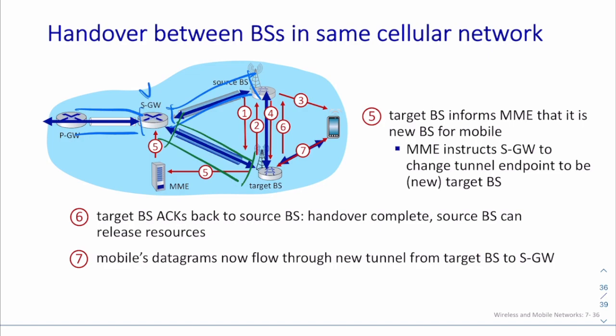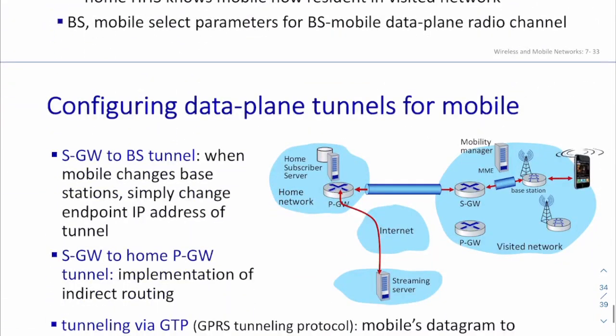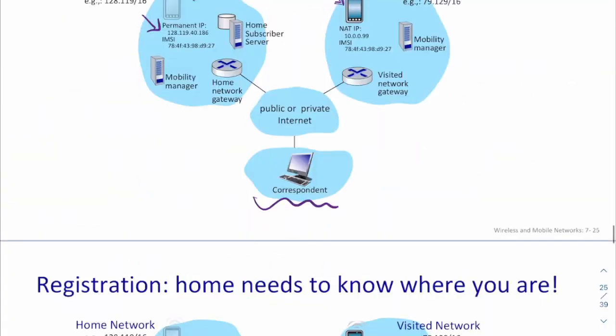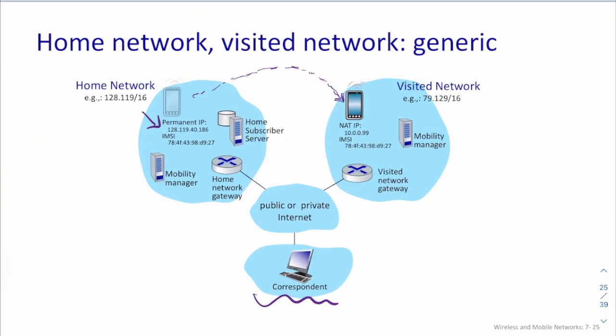And for mobile IP, the question is: if you move to your visited network, can you use your permanent IP address? And of course, yes. In direct routing and indirect routing, we showed you how to do so. But basically, most networks do not implement such mobile IP.